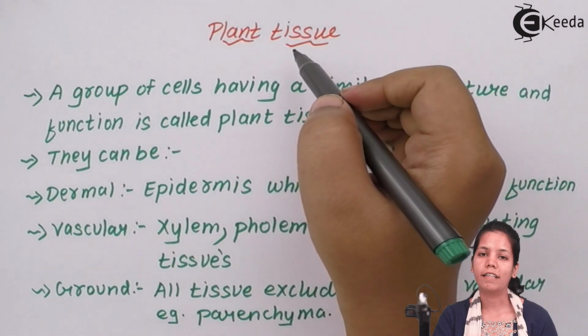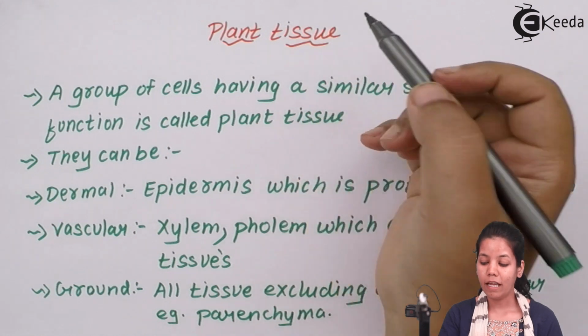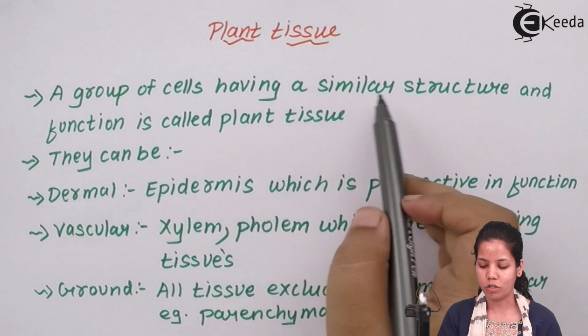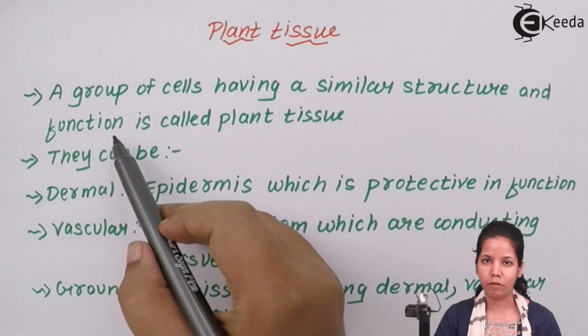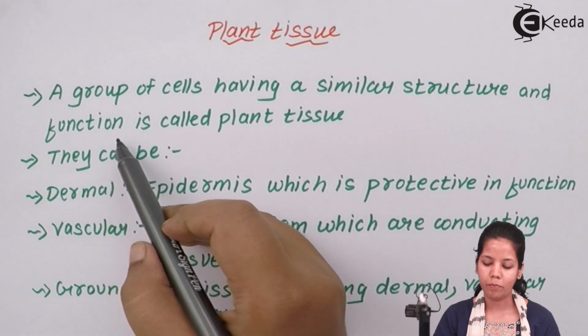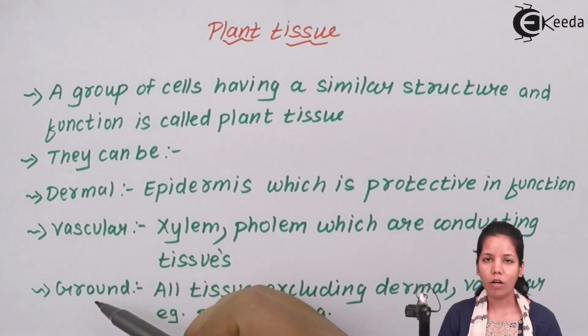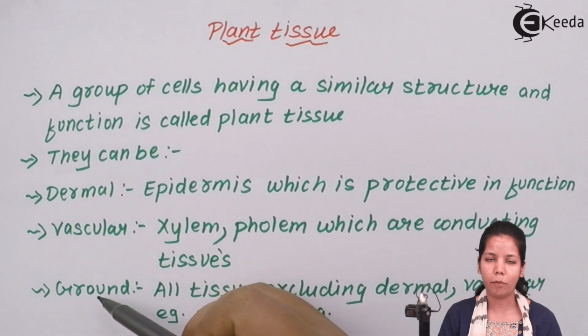Plant tissues. The definition of plant tissue is that they are a group of cells which are almost similar in structure and carry out a similar function together in unity. Plant tissues could be dermal, vascular, or ground or fundamental depending upon their nature.